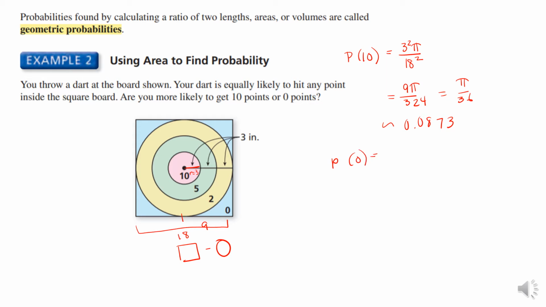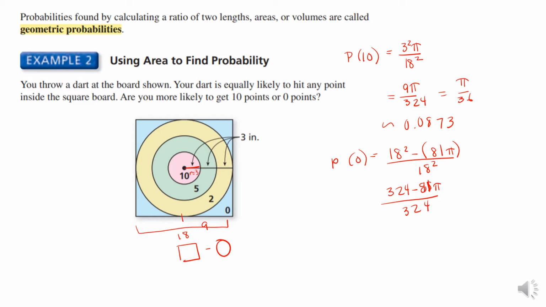Now, the probability of getting 0 points would be the area outside the largest circle. So the first thing we have to do is go 18 squared minus, and then that circle has a radius of 9, so it's 81 pi, that's the area of our biggest circle, over the whole thing. So that'd be 324 minus 81 pi over 324.